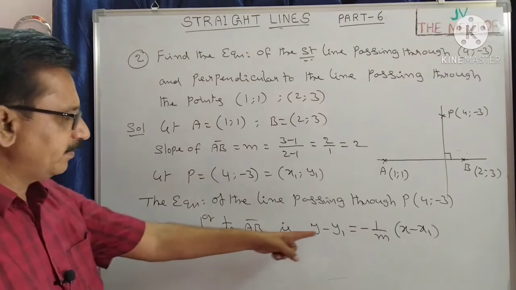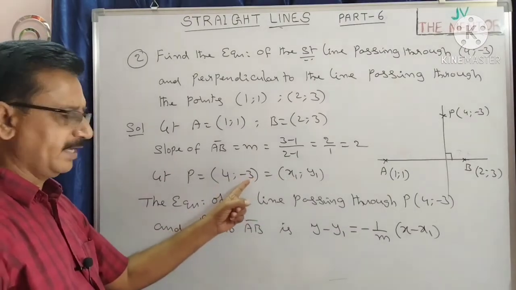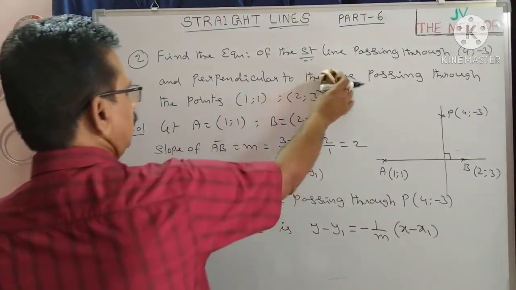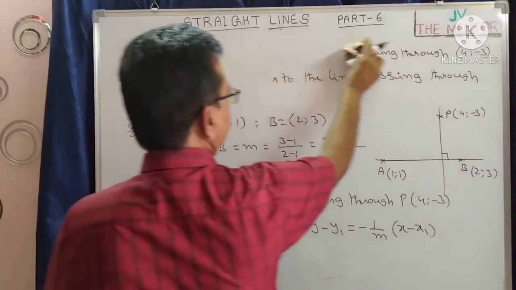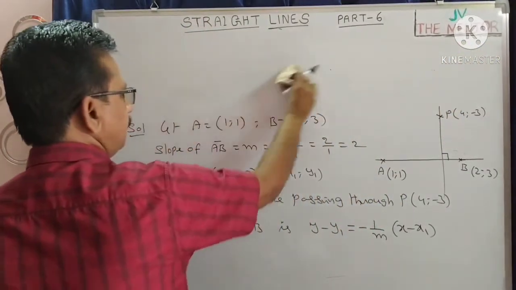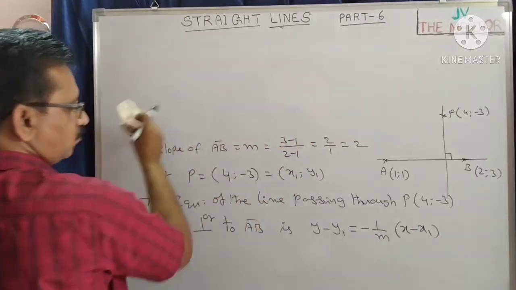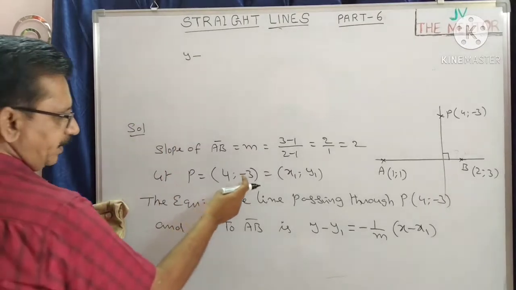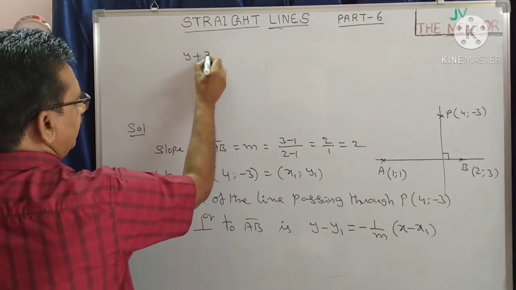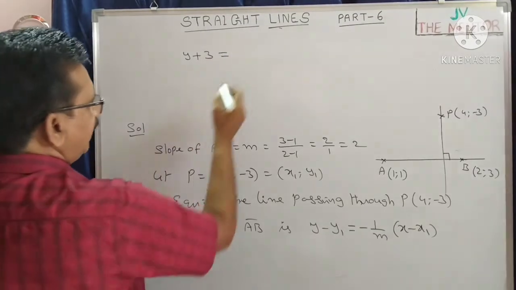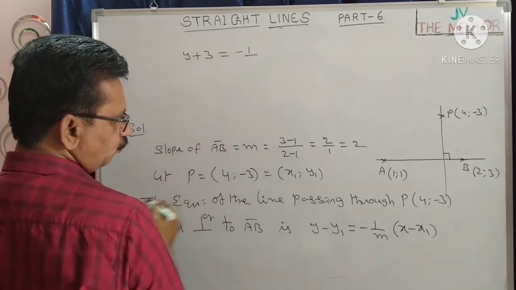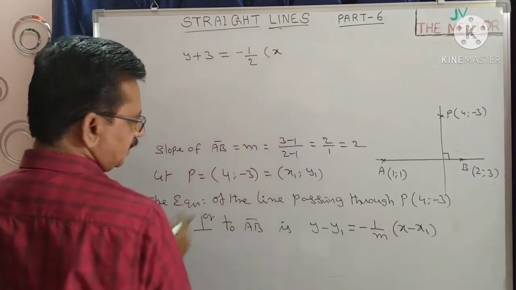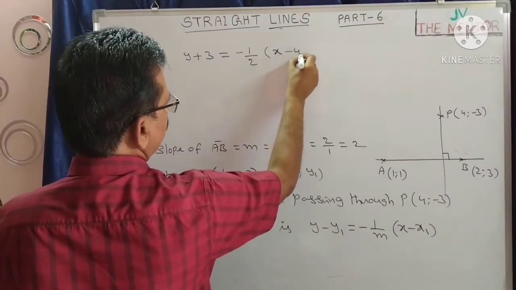Now, what is x1 comma y1? Here x1 is 4, y1 is minus 3, and m equal to 2. So y minus y1, here y1 is minus 3, so y plus 3 equals minus 1 by m, which is minus 1 by 2, into x minus x1, where x1 is 4, so x minus 4.